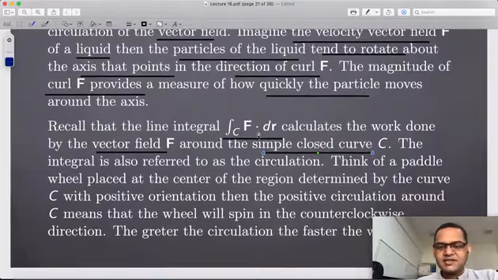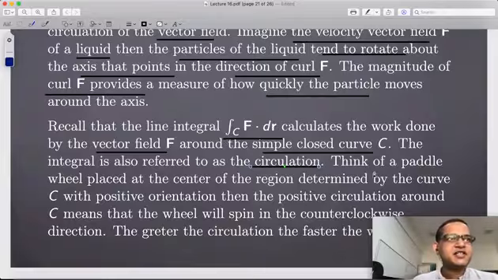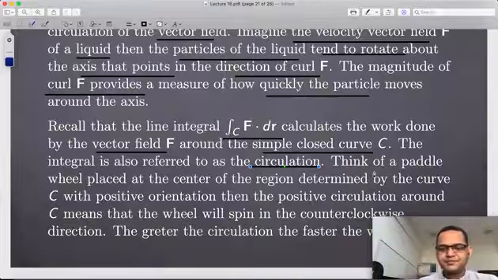So as I said, sometimes you will see that this line integral is also referred to as the circulation of the vector field. Now, to understand it, imagine you take, let's say, a rectangle, and you have the liquid flowing in it.